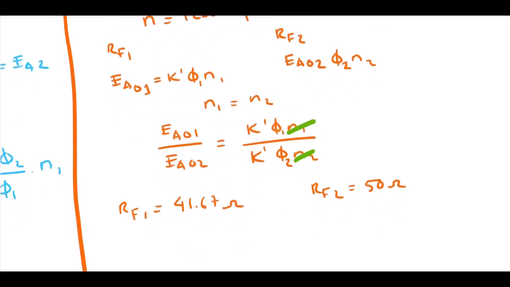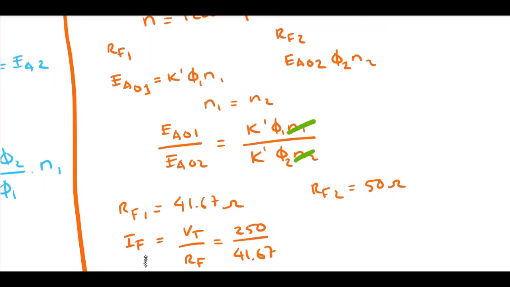Okay, so here the field current, if you look at the schematic diagram or the equivalent circuit, is simply equal to Vt over Rf, which is 250 divided by 41.67.